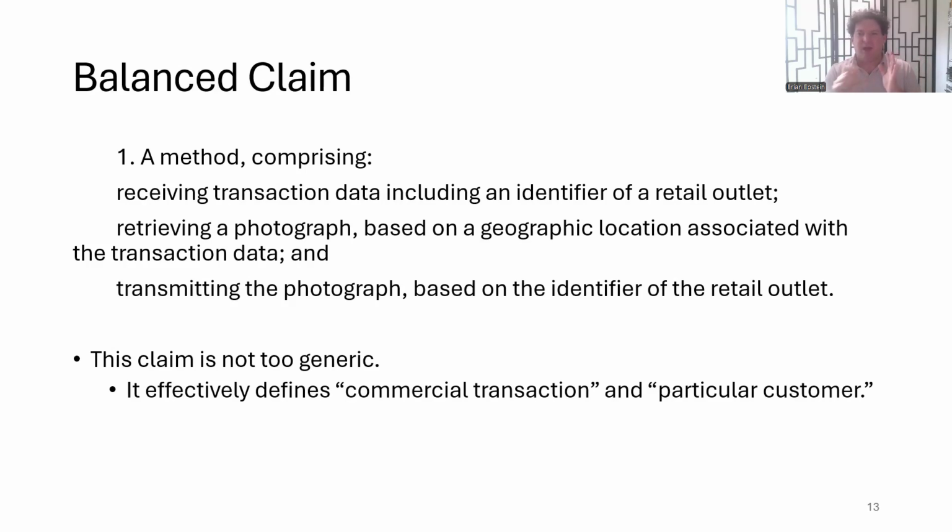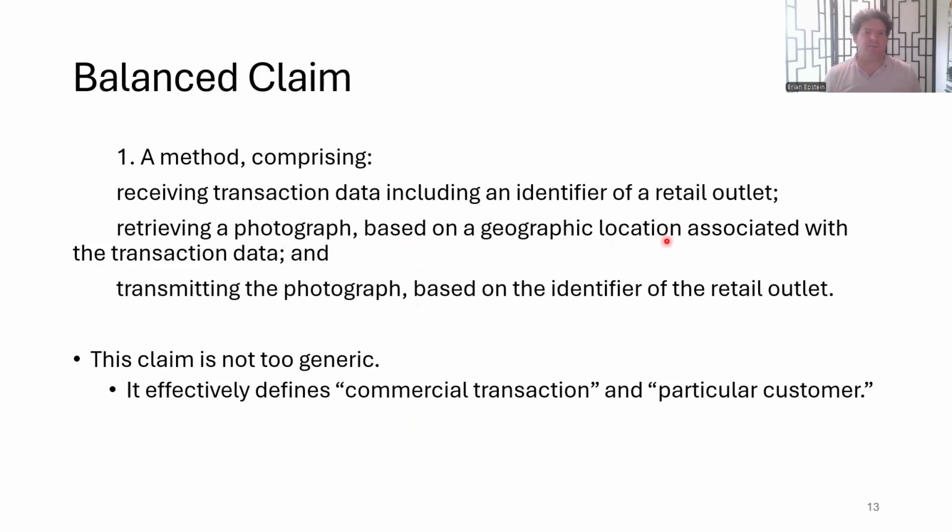But it has enough that we can draw something like that, and it should produce an inventive effect over the prior art, right? Now we can understand that the photograph is retrieved based on a geographic location. That's the distinction over the prior art. That's what makes it different.